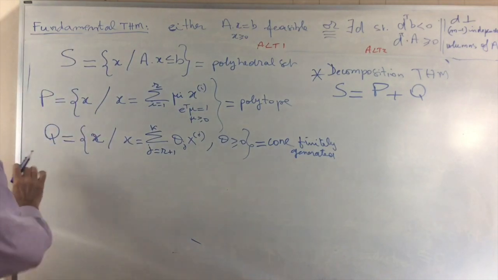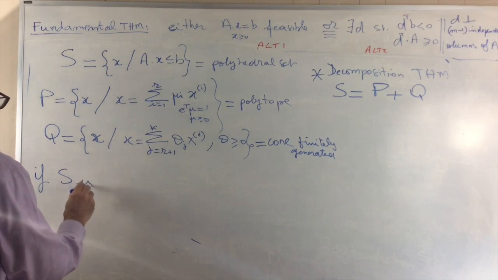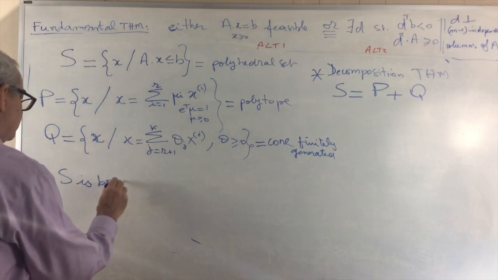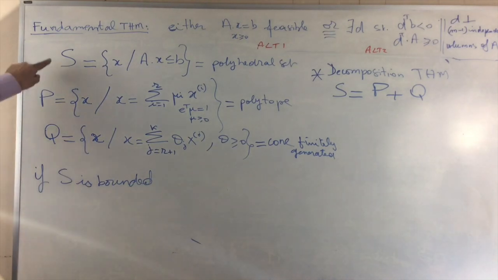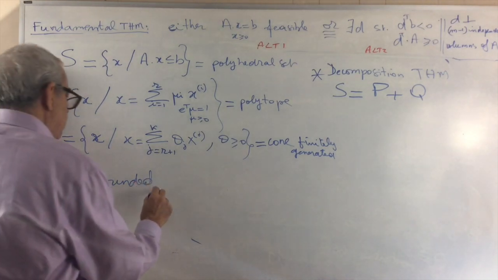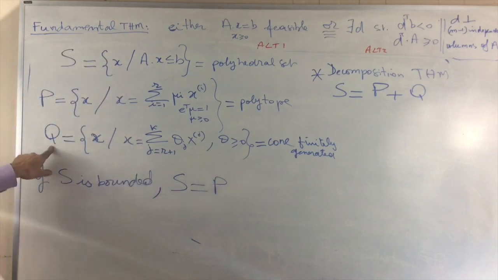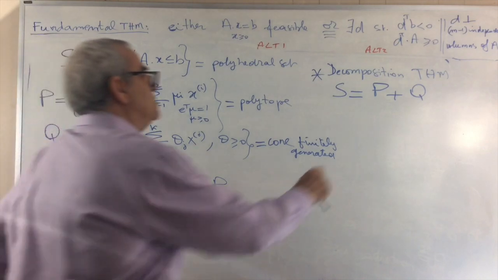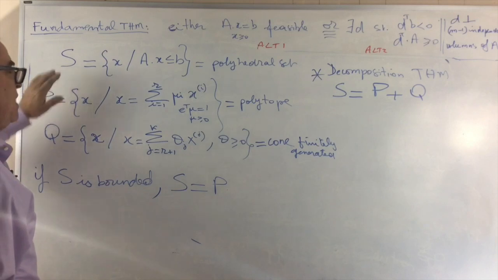Now, if S is bounded, then S is just a polytope, because Q is an unbounded set, so we cannot have this term. So a bounded polyhedral set is a polytope.